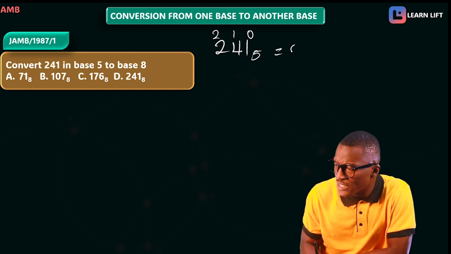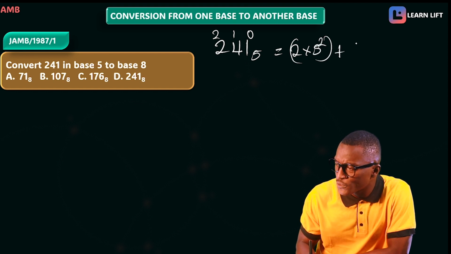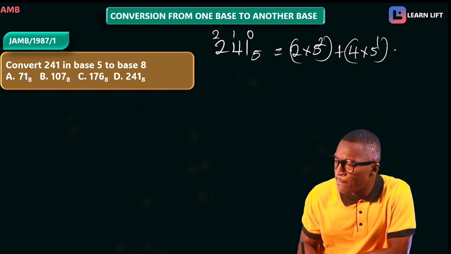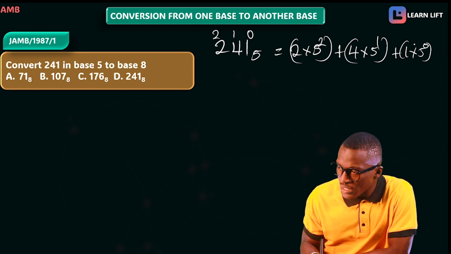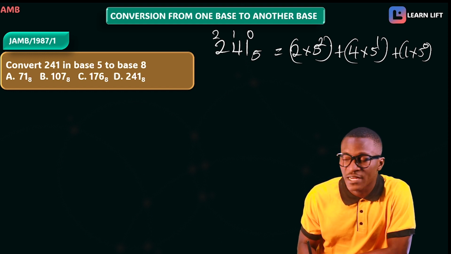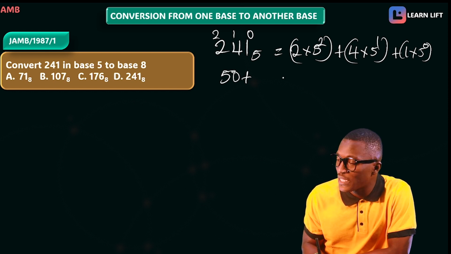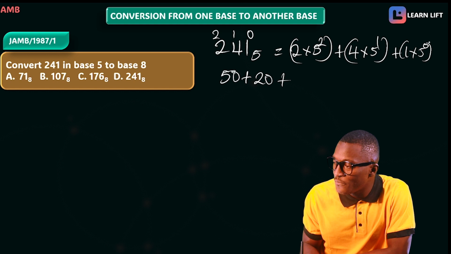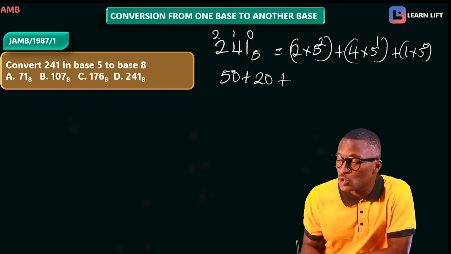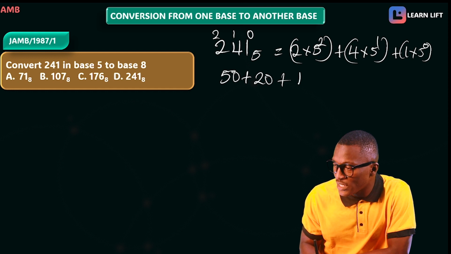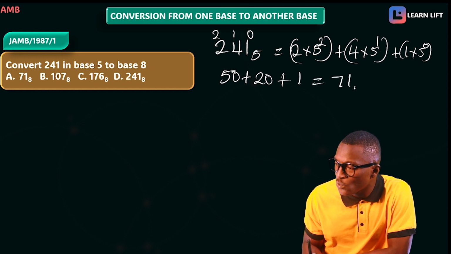So this is the same as 2 times 5 squared, plus 4 times 5 raised to power 1, plus 1 times 5 raised to power 0. 5 squared is 25, and 25 times 2 is 50, plus 4 times 5 which is 20, plus 5 raised to power 0, which is 1, and 1 times 1 is 1. If you total that, you get 71. This is 71 in base 10.